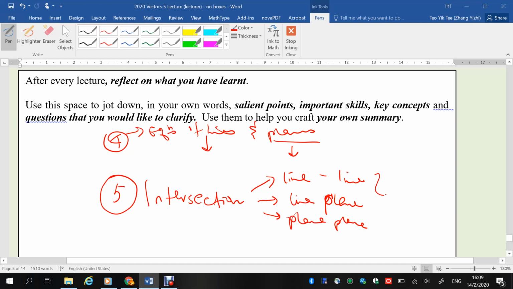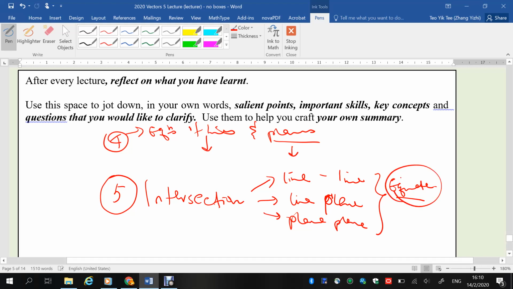But even though we are intersecting different things, the underlying theory behind intersection is to equate. Find your ways to equate the two lines, or the line and plane, or the plane and plane together. If you run through your examples, the methods are rather standard. So please remember the fundamental: equate.